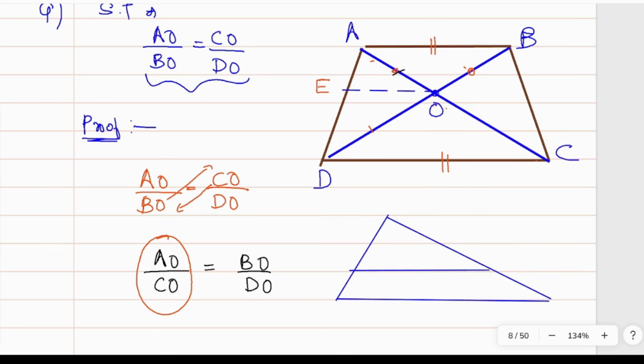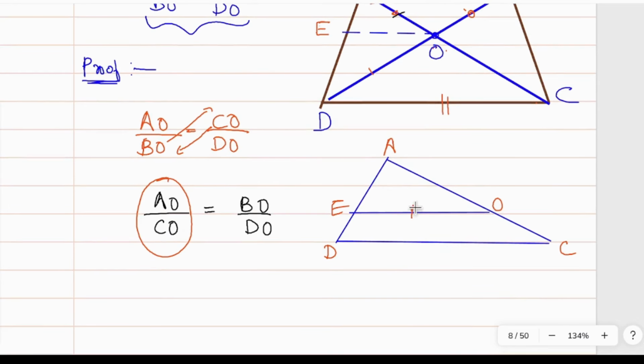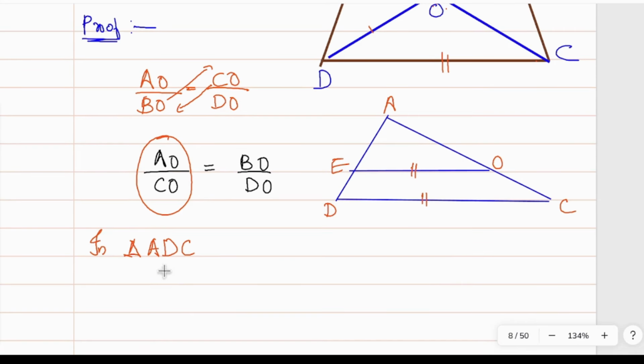Now look, I am getting A, E, O, D, C. Clear? This EO is parallel to DC. Therefore, I can write in triangle ADC, EO parallel to DC.